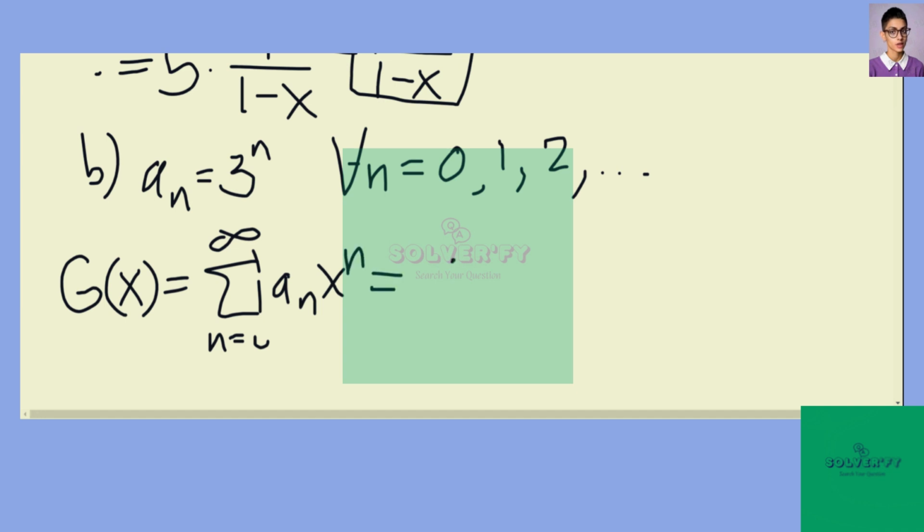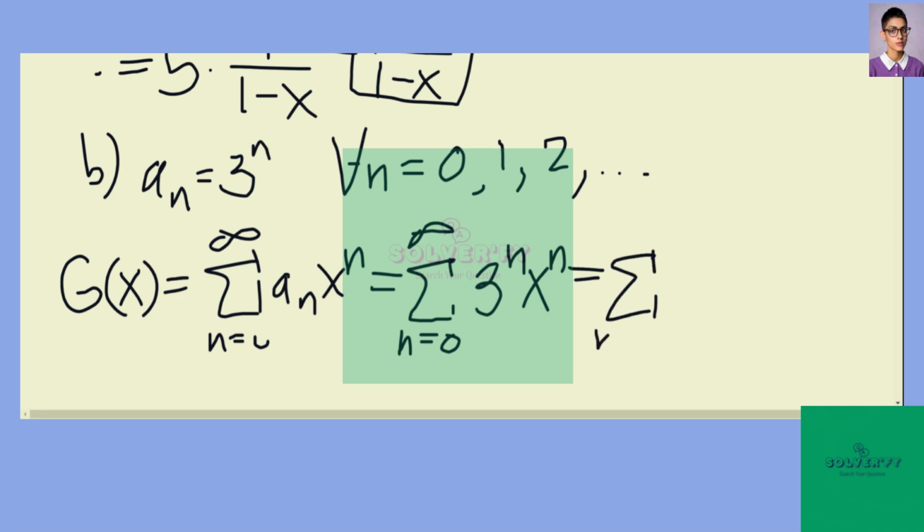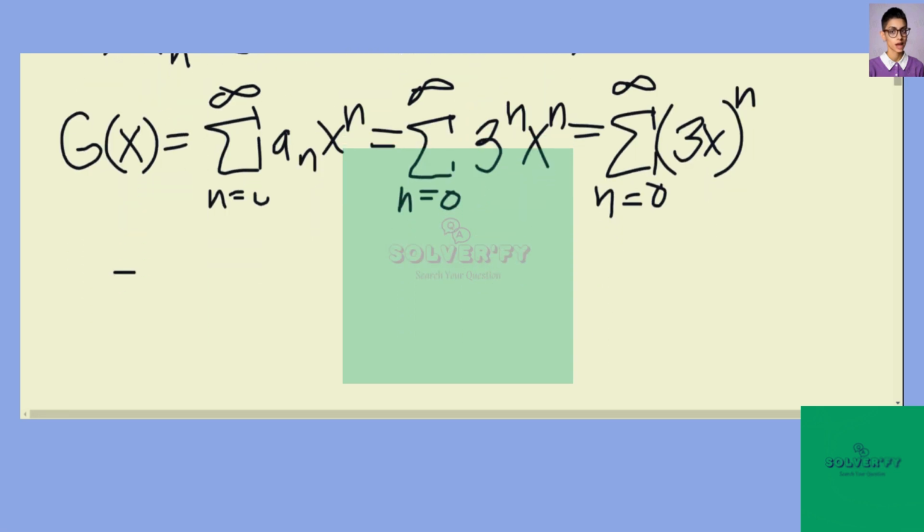And this is equal to, plugging in a sub n, the sum from n equals 0 to infinity of 3 to the n x to the n. And we can write this using power laws as the sum from n equals 0 to infinity of 3x to the n. And we have by a theorem that this is equal to 1 over 1 minus 3x.